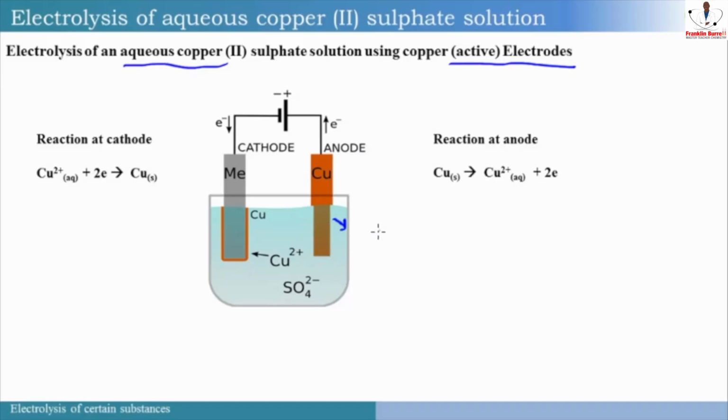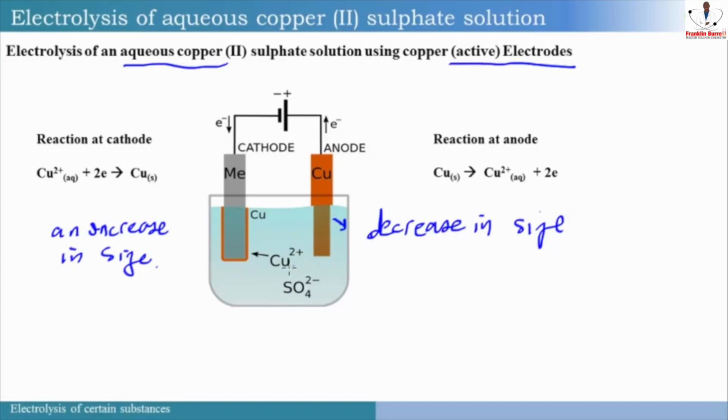So you could say decrease in size at the anode, while you observe an increase in size at the cathode. You should also observe that there is no color change in the electrolyte. Why? Every time you remove a Cu2+ ion, which is responsible for the blue color, a Cu2+ ion is replaced into the electrolyte.